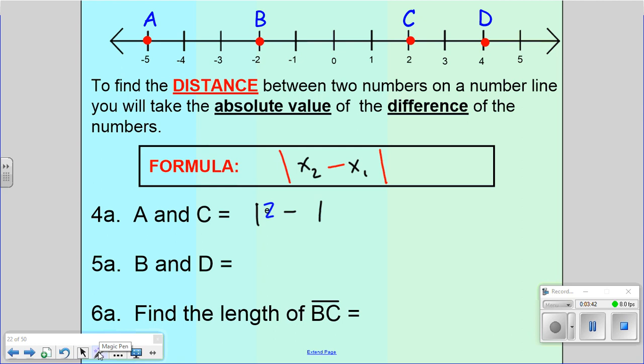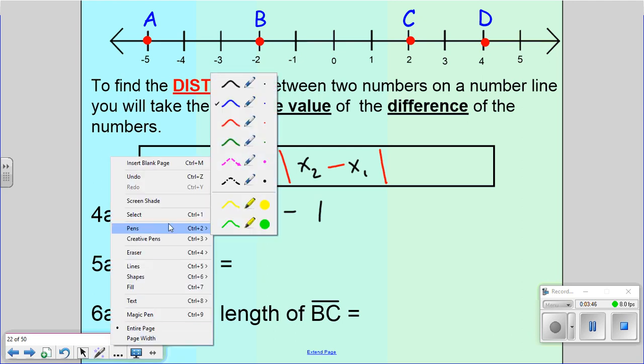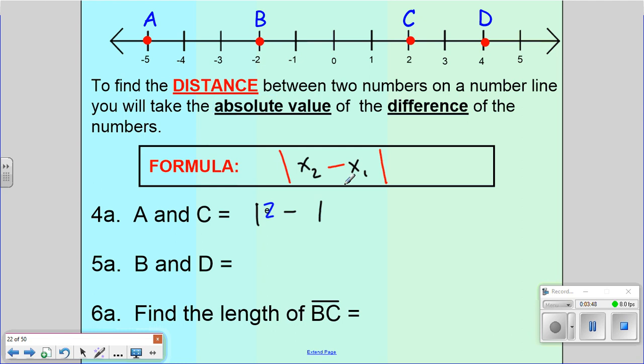And then A is located at -5. Always put your negatives in parentheses. I want to see the formula written out, and I want to see the substitution into the formula into the correct places, please. After that, carry out your order of operations.